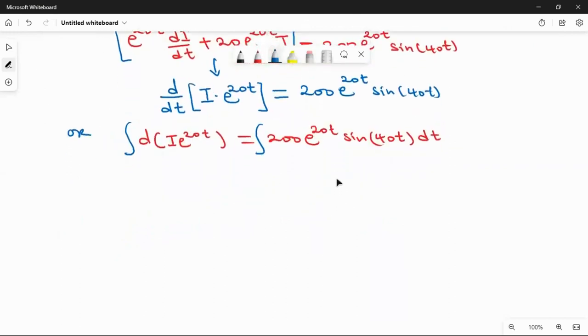On the left-hand side, this is an integral and this is a derivative. Those are inverses of each other, so they cancel out, and on the left we simply remain with I times exponential 20t equals. Now, how do you integrate this?